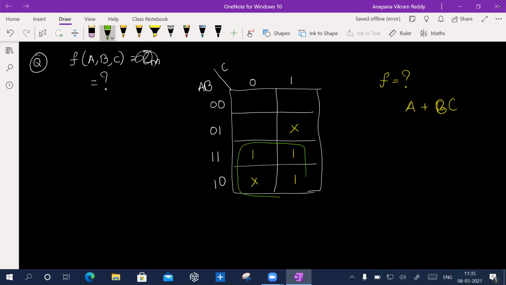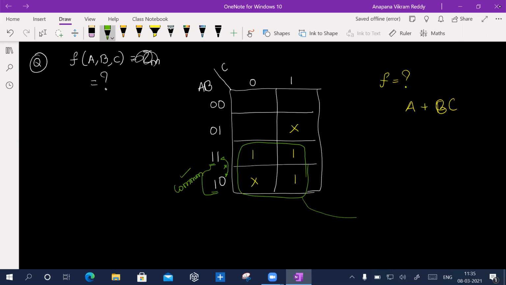So I can group like this. And this is what? A is common, B is changing from 1 to 0. I don't want this. I want only common stuff. So A is equal to 1. This is common. I want this.